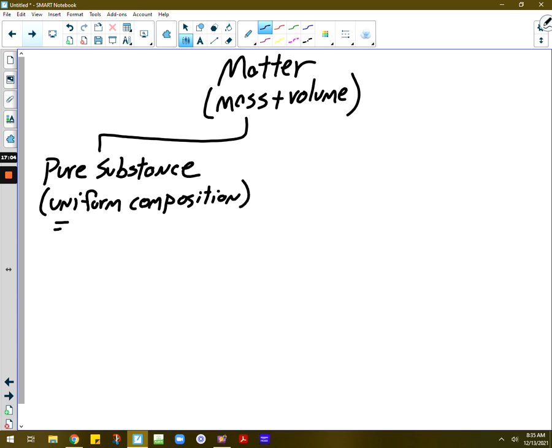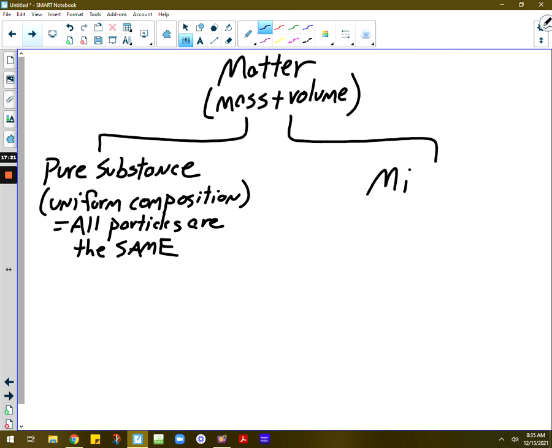In other words, all the particles are the same. Or we can classify it as a mixture of pure substances, because it has a variable composition. It can change.